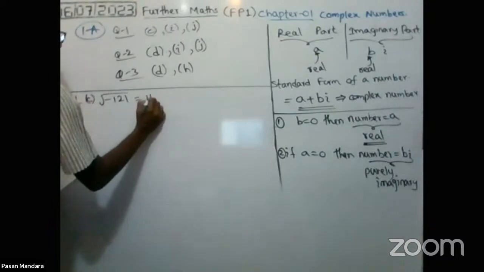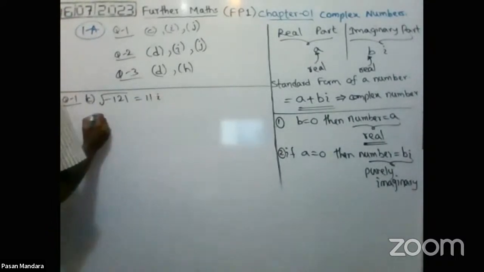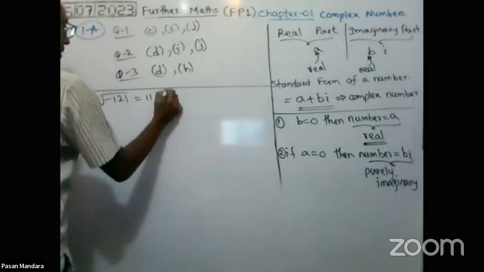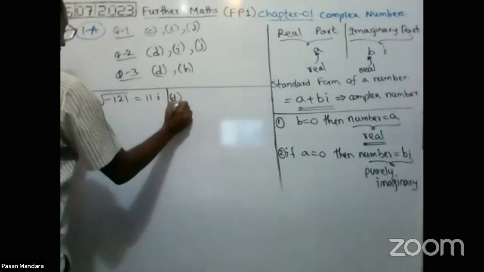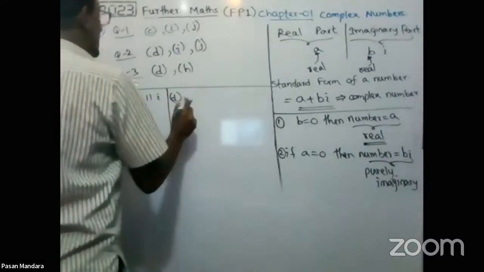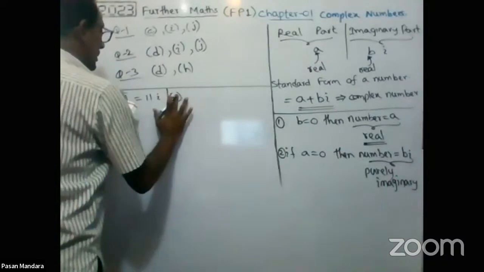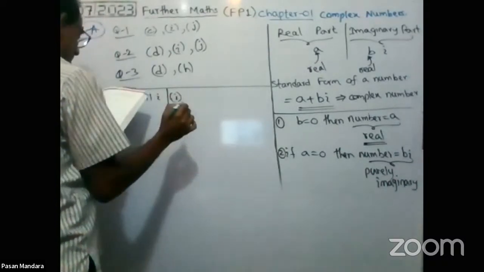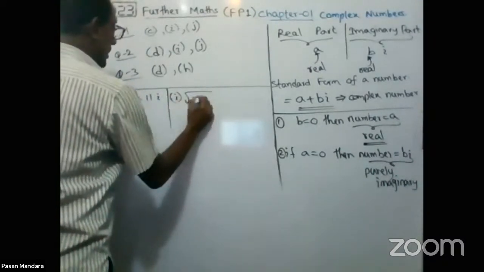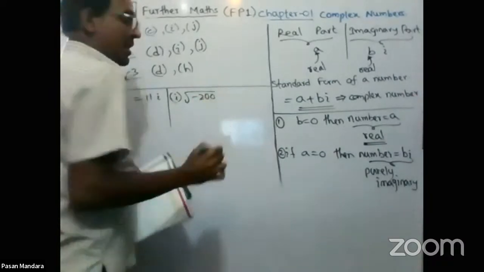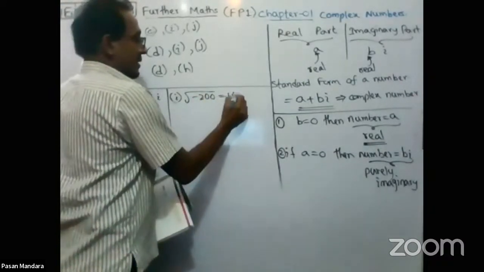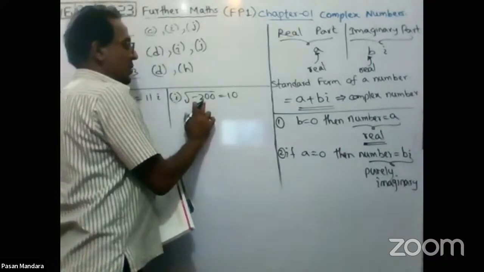So that is 11 squared, so 11i. You can take 100 out as 10, but 2 you have to leave.